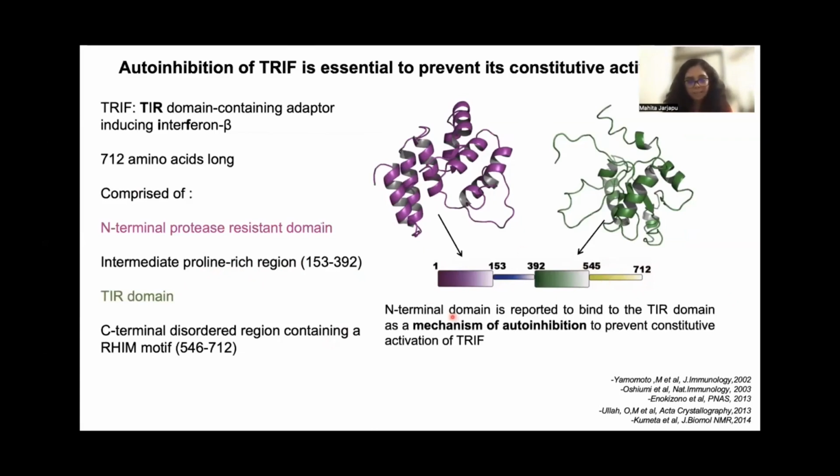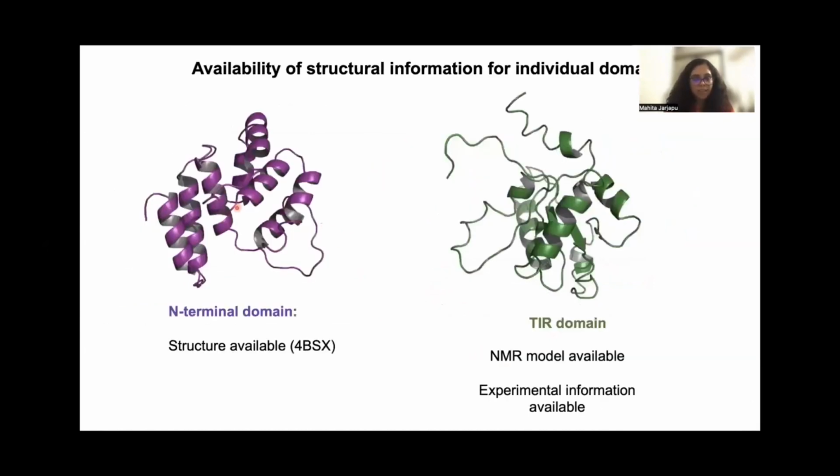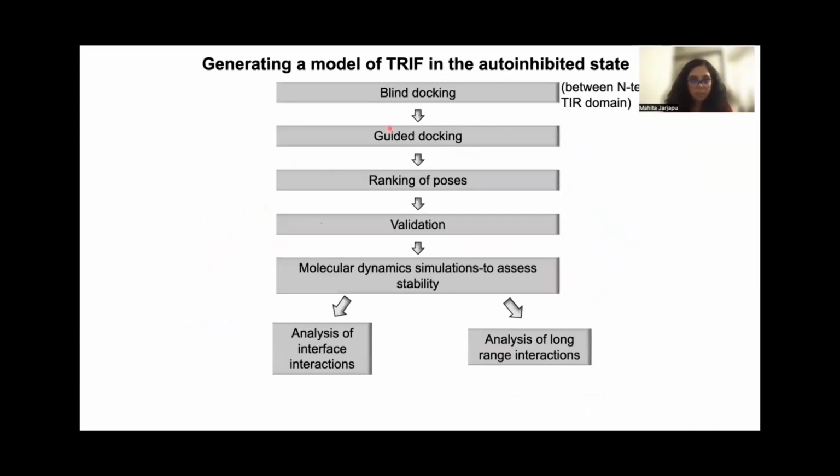And it has been reported that the N-terminal domain binds to the TIR domain as a mechanism of autoinhibition to prevent constitutive activation of TRIF. Now, we have the structure of the N-terminal domain and the TIR domain, but we do not have the information of the entire protein.